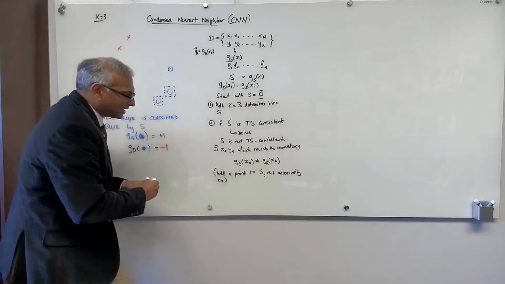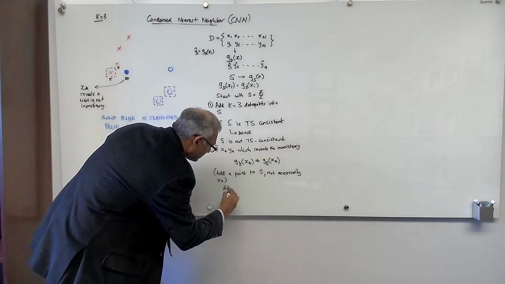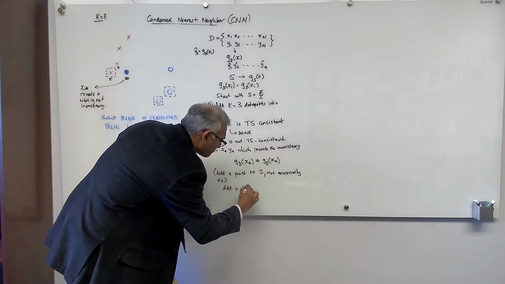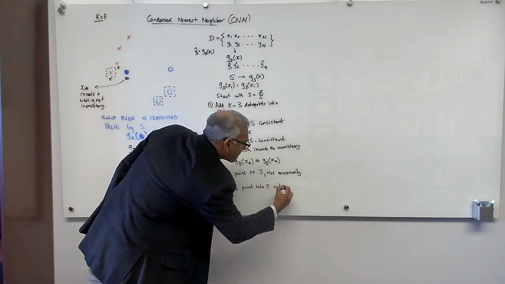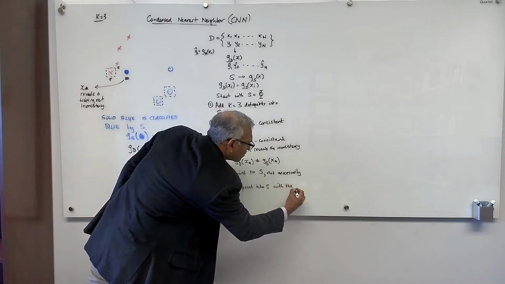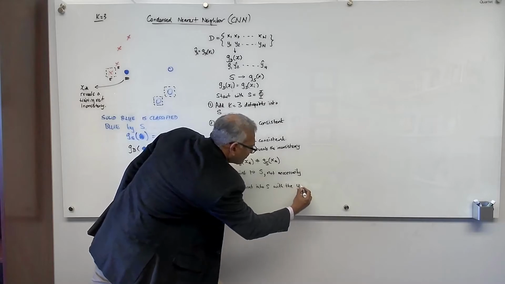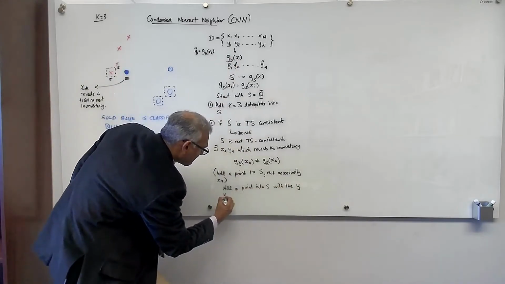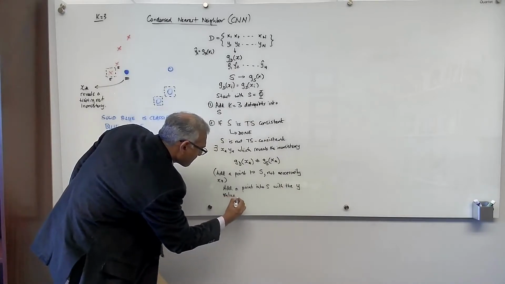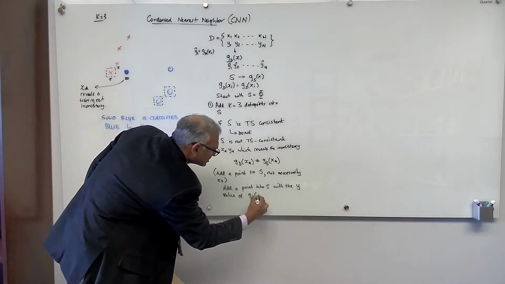So we need to add a point into S with the y value. Now this is the target y value, not y hat. The target y value of G sub D of x star.